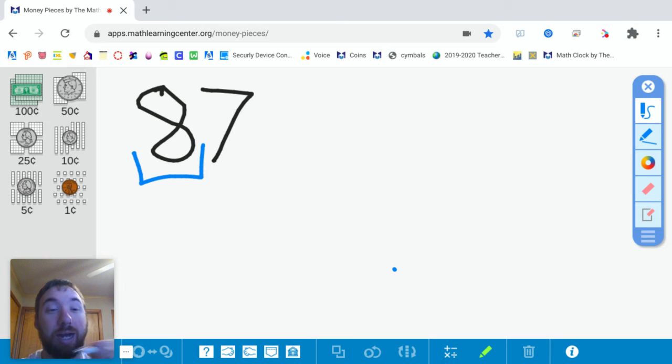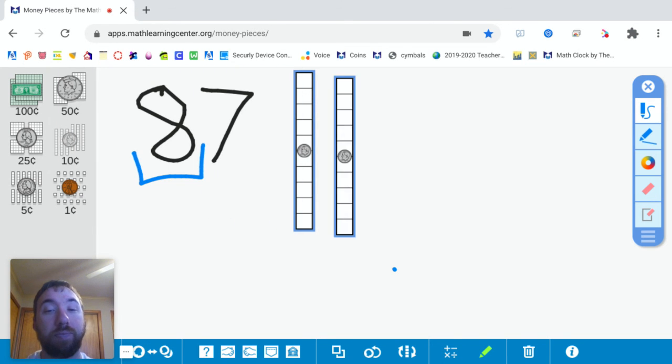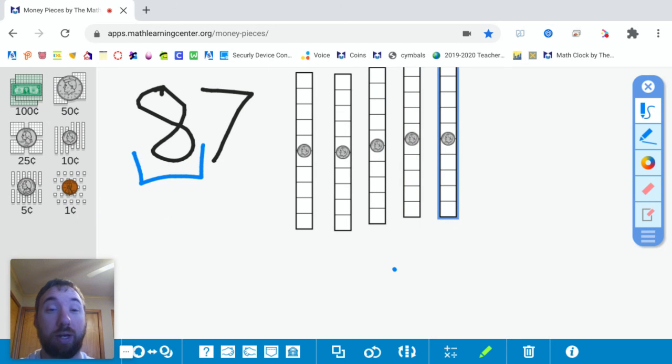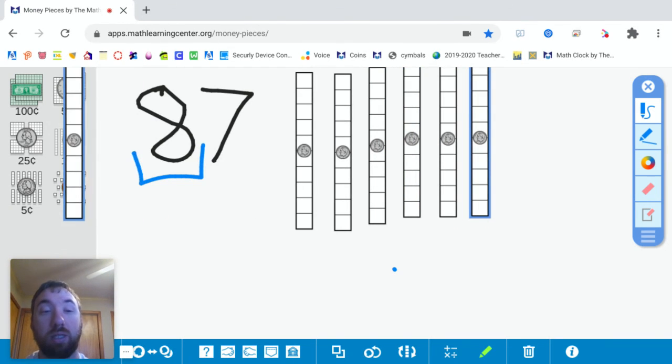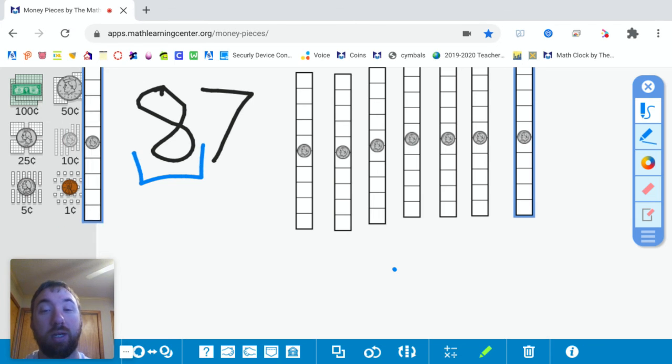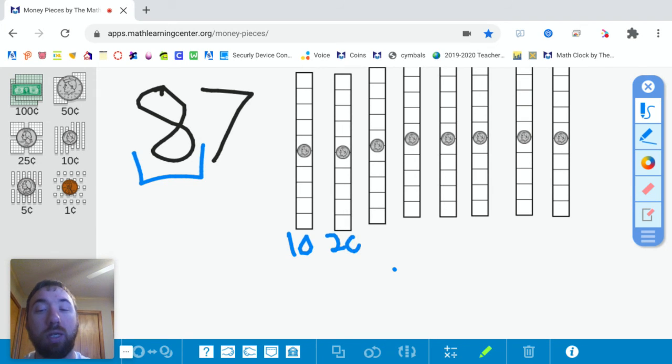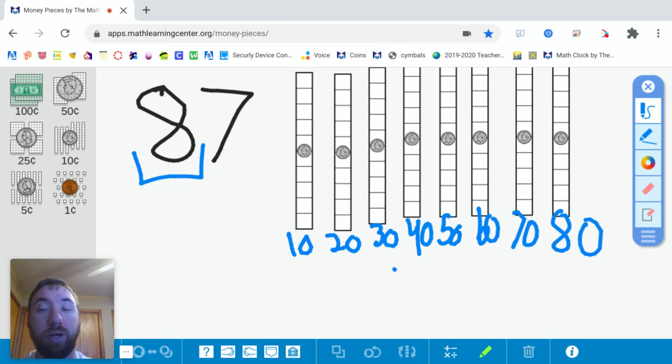I need 8 dimes. 1, 2, 3, 4, 5, 6, 7, 8. Now, I'm going to count those because I want to make sure I have them right. 10, 20, 30, 40, 50, 60, 70, and 80. And I want 80. Okay.